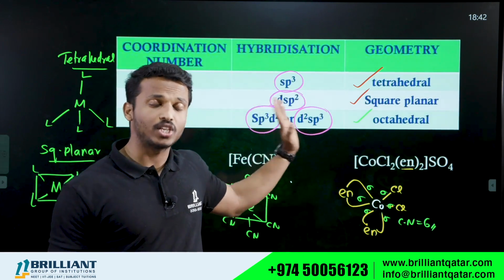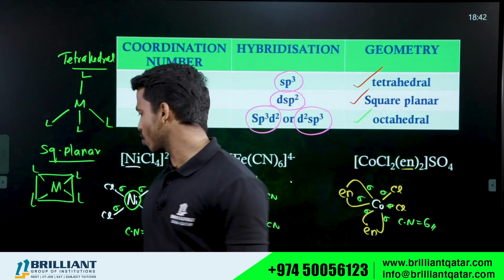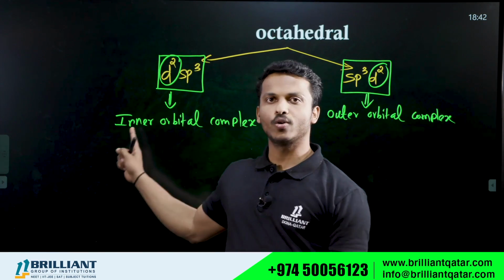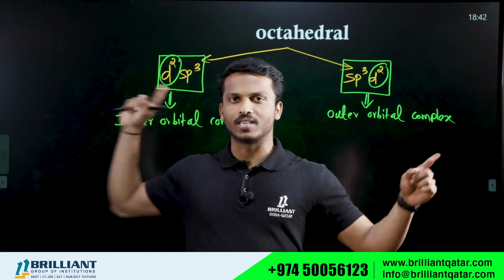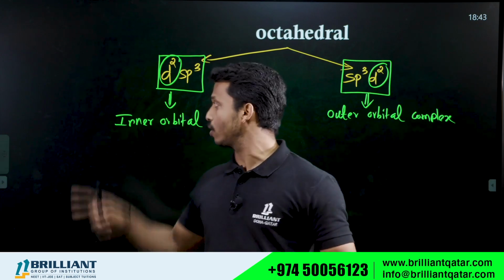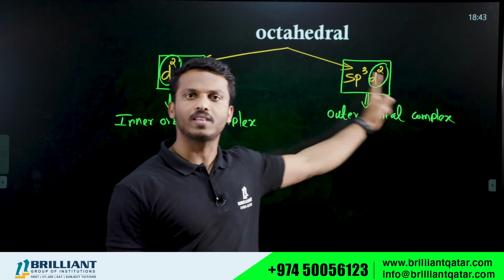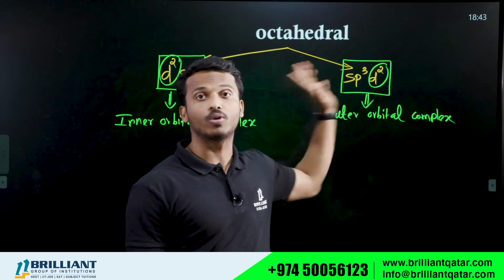If it is dsp2, square planar. But in octahedral complexes, two types are there: d2sp3 and sp3d2. If d2sp3, it is an inner orbital complex because it takes the inner d orbital. If sp3d2, it is an outer orbital complex because it takes the outer d orbital.